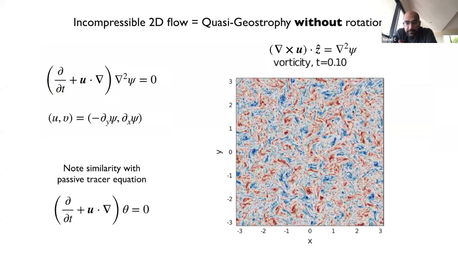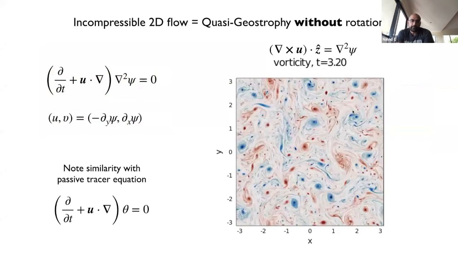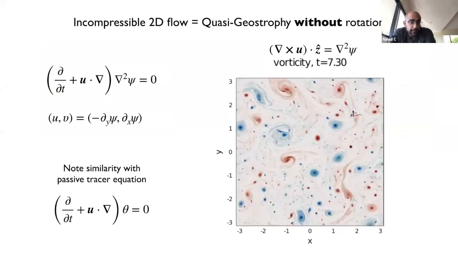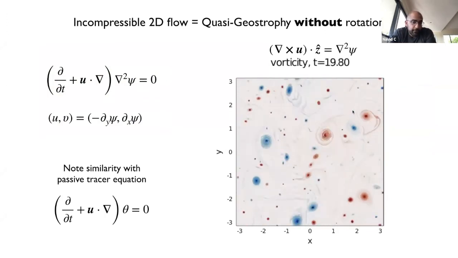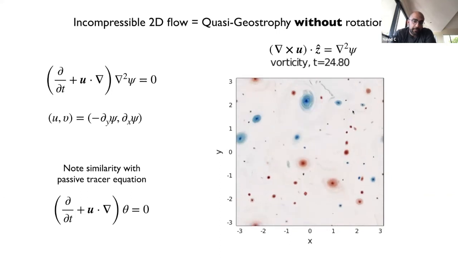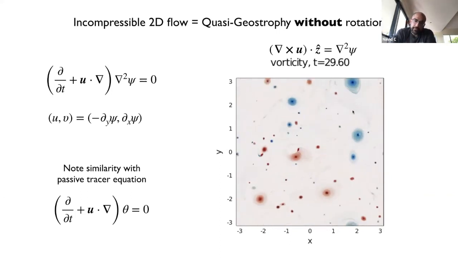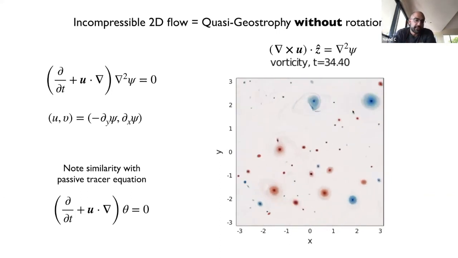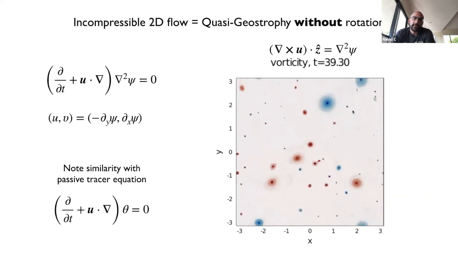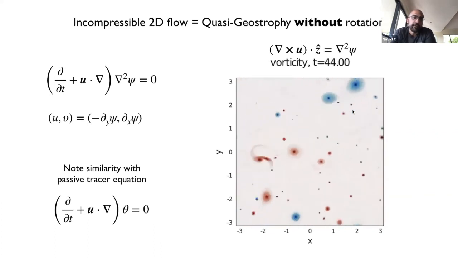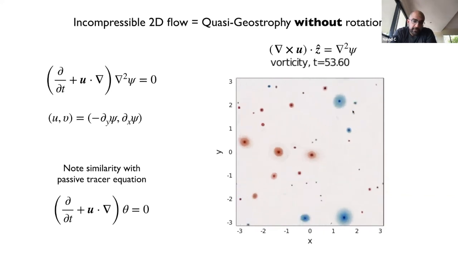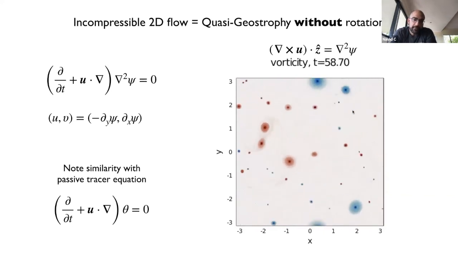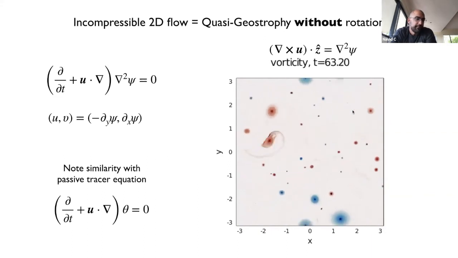And if we let this system go, we see what Marty was talking about yesterday. We see this propensity of the fluid to give energy to the larger scale. All these vortices tend to merge together into bigger vortices. Small vortices merge with small vortices and create larger vortices.